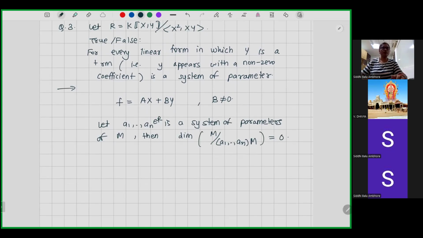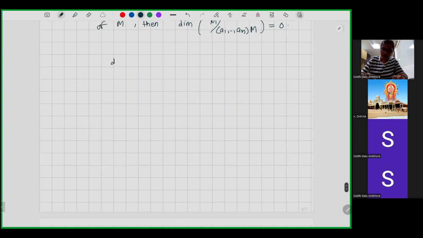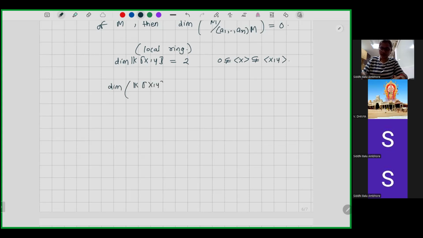So before we move to that, let us first check the dimension of this. We already have that the dimension of k[[x,y]] is 2. We have this chain contained in (x,y). This is again a local ring, though we don't need that here. Now what is the dimension of the ring k[[x,y]] mod (x square, xy)?